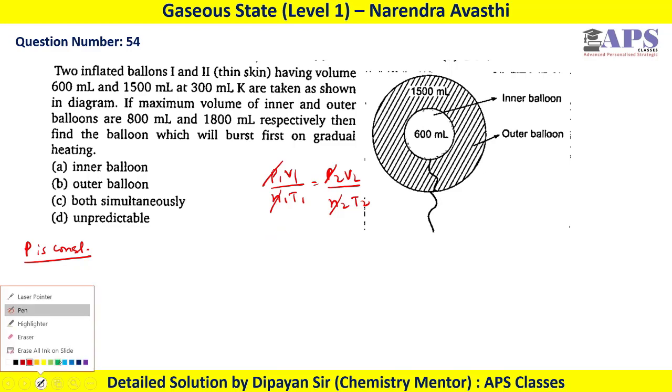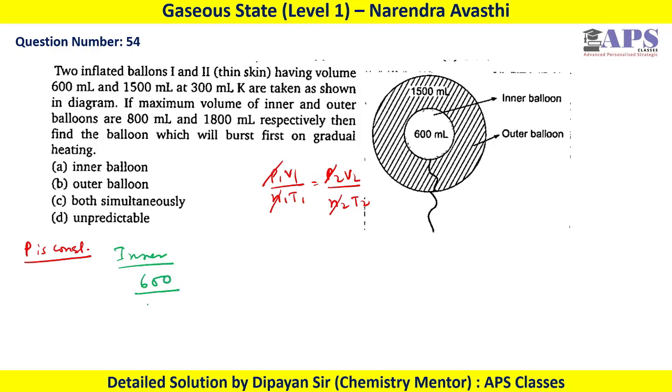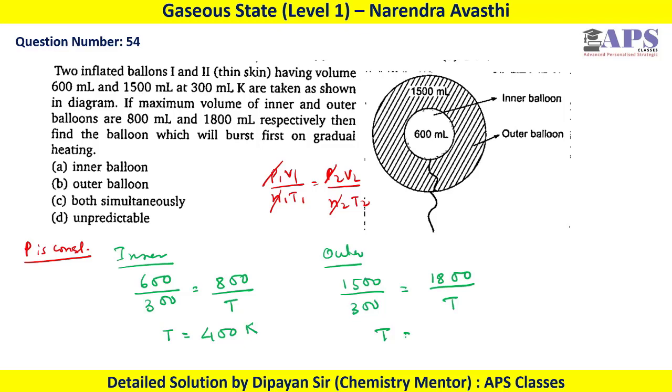Now we have to calculate the temperature after which it can burst, for outer and for inner separately. So for the inner balloon, 600 volume initially, 300 temperature initially, 800 the maximum volume it can achieve, and T is the temperature after which it can burst. If you calculate, it will become 400 Kelvin. And for the outer balloon we can calculate by the same process: initially it is 1500, initial temperature is 300, finally it can have 1800, and the final temperature after which it can burst is 360 Kelvin.